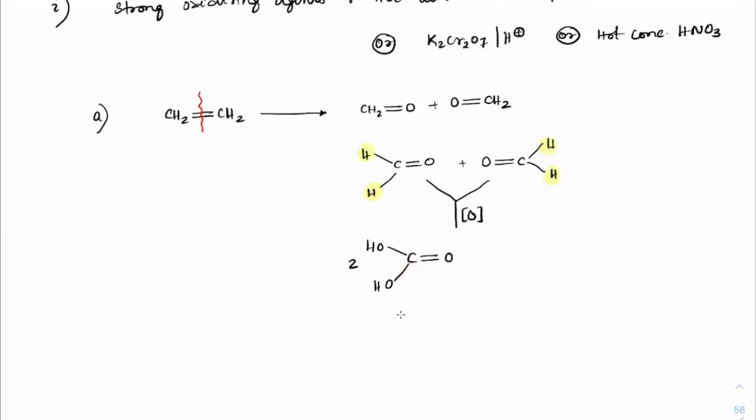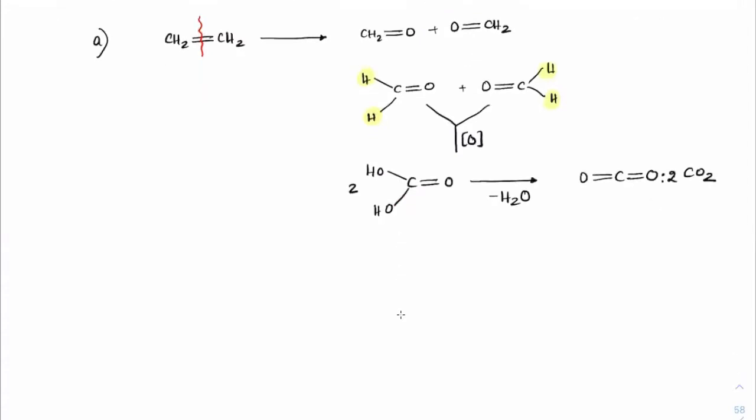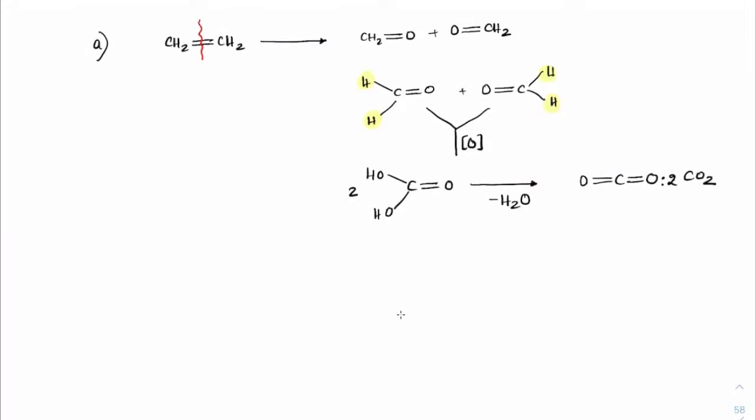It would immediately dehydrate. So if you dehydrate, minus H2O, what do we get here? We will get carbon dioxide, O double bond C double bond O. So the final product we will get is 2 moles of carbon dioxide. Clear everyone? Just learn the techniques, how you can solve the questions easily.